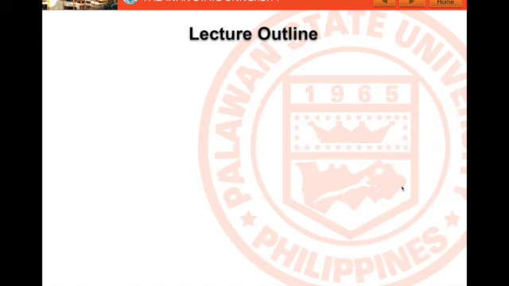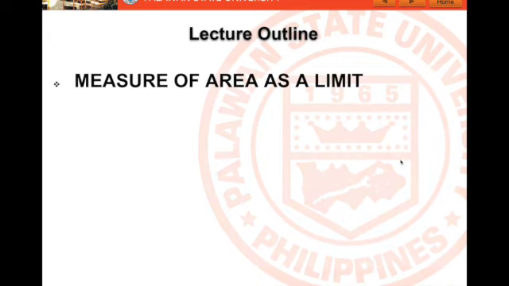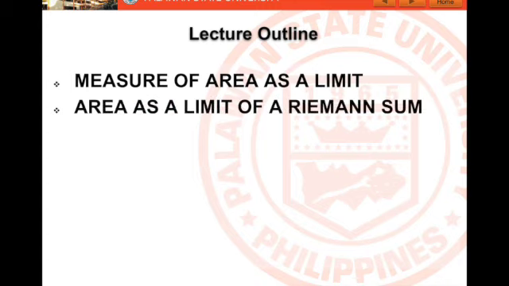Okay, so for our lecture outline today, the first part will be about the measure of an area bounded by a curve as a limit. We will also discuss this area as a limit of a Riemann sum.